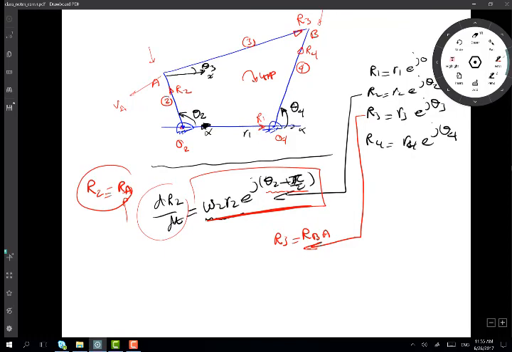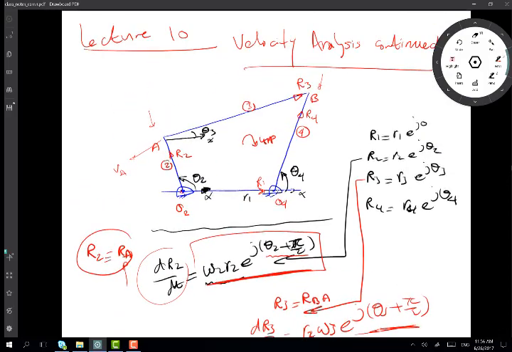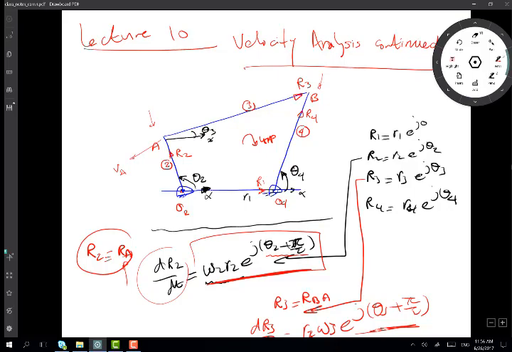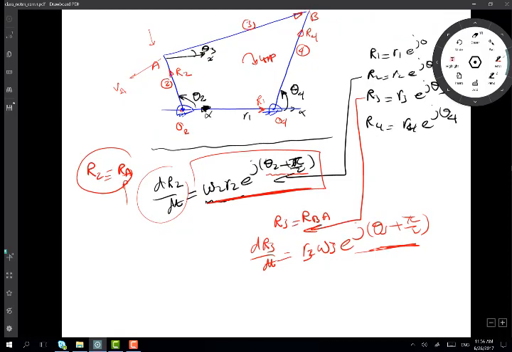So here, if I differentiated dR3/dt, I get R3 omega 3 e to the j (theta 3 plus pi over 2). Again, it will give me a vector rotated 90 degrees. So the relative position vector will still be rotated 90 degrees, and the value of this vector is R3 omega 3.